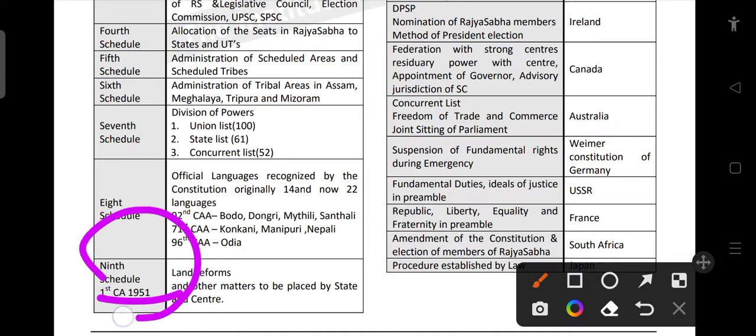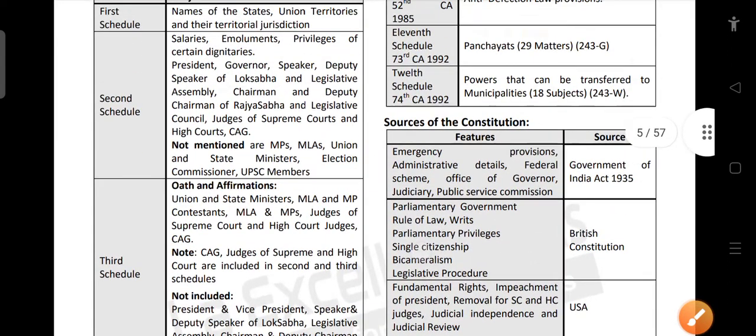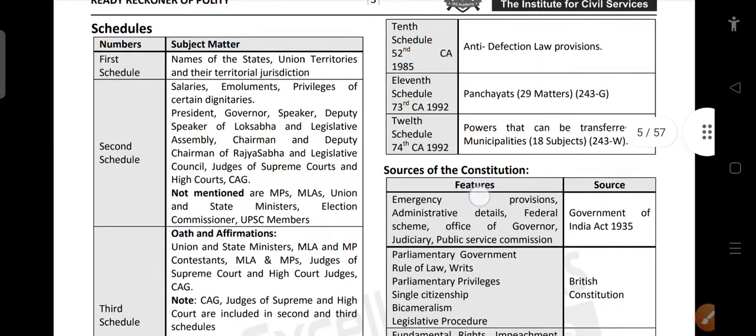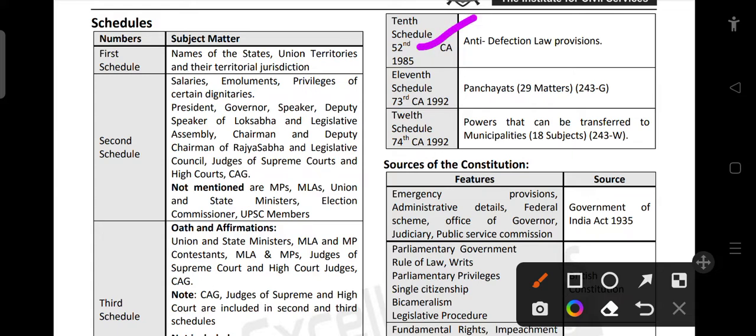It was amended to include land reforms and other matters to be placed by the center and state. Earlier only 8 schedules were there; the 9th schedule was added for the first time in 1951. Then the 10th schedule we added in 1985 under the 52nd amendment. It talks about the anti-defection law.